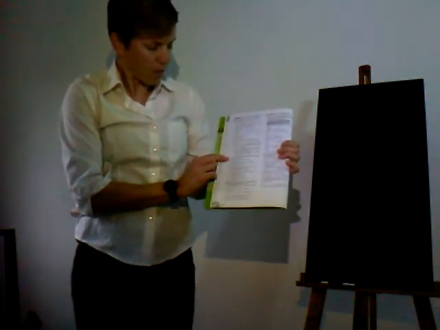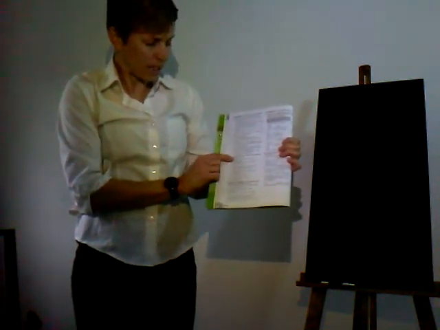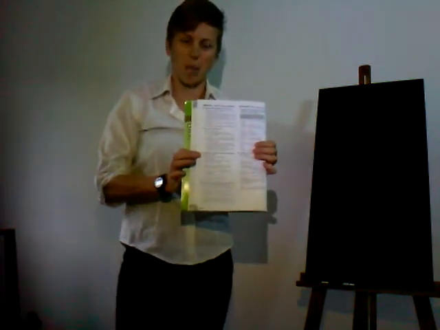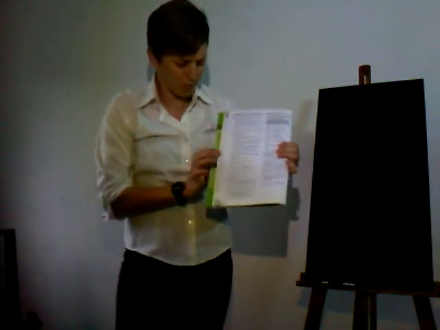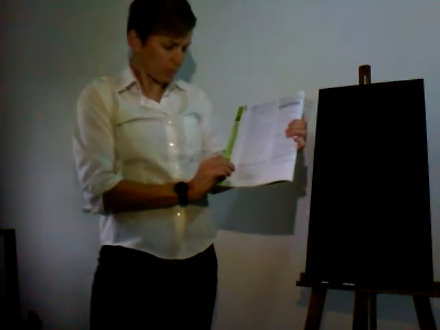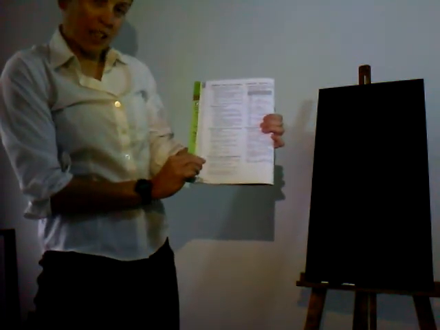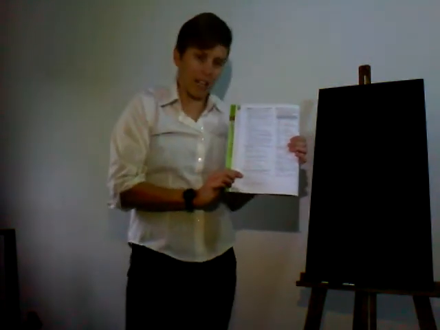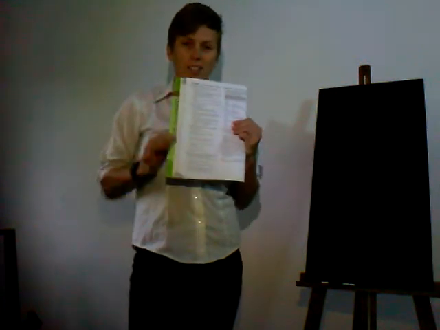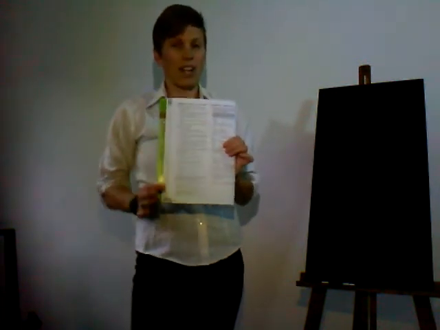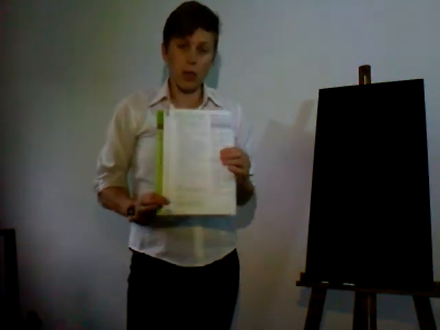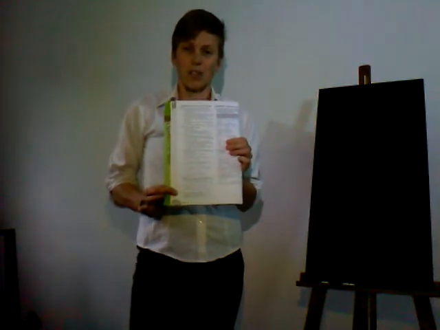Number 3, you're completing the sentences with the correct future forms and your own ideas. Okay, so you've got to make the sentences up in the correct forms, please. And number 4, you're correcting the mistakes in these sentences and writing in the correct form, or if you think it's correct already, just put a tick next to it. Okay? So those are the exercises that I want you to complete for the grammar today.